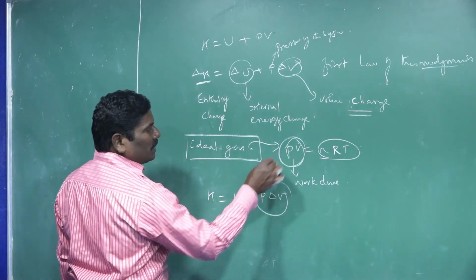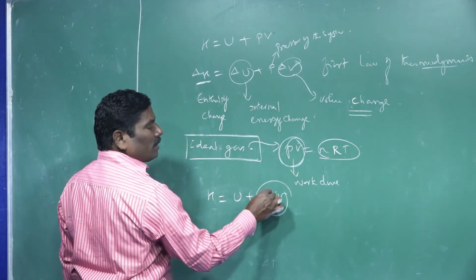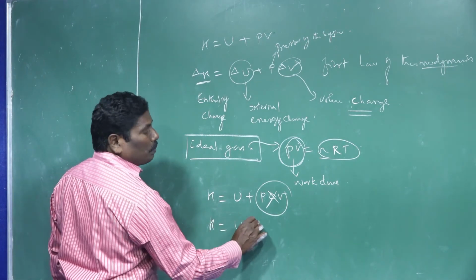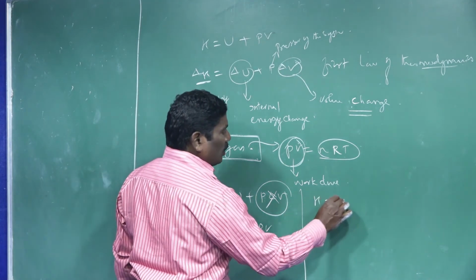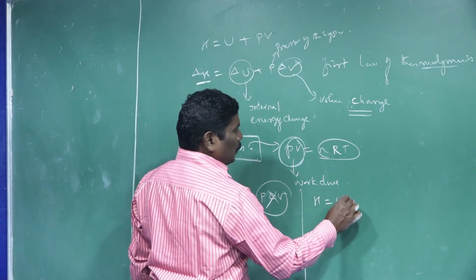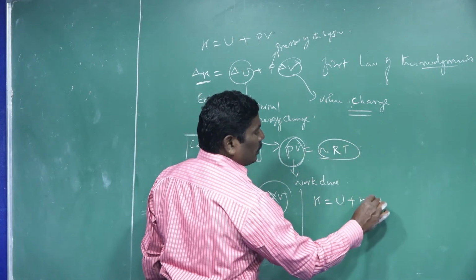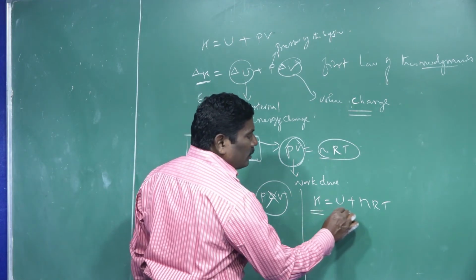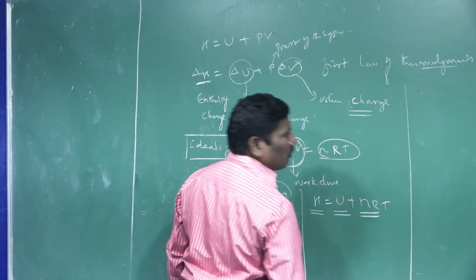You have to substitute these PV values, H is equal to U plus PV, which is equal to U plus nRT. Now you have to differentiate this equation, not integrate.